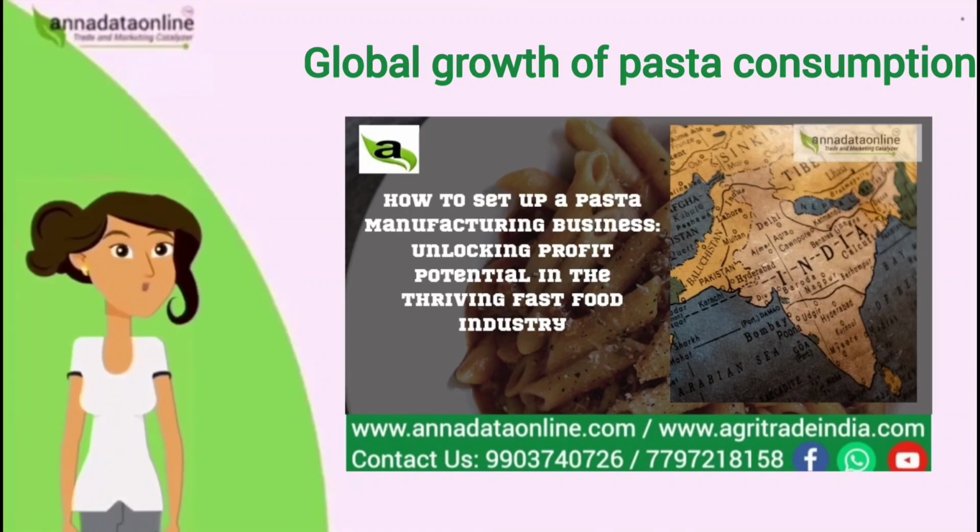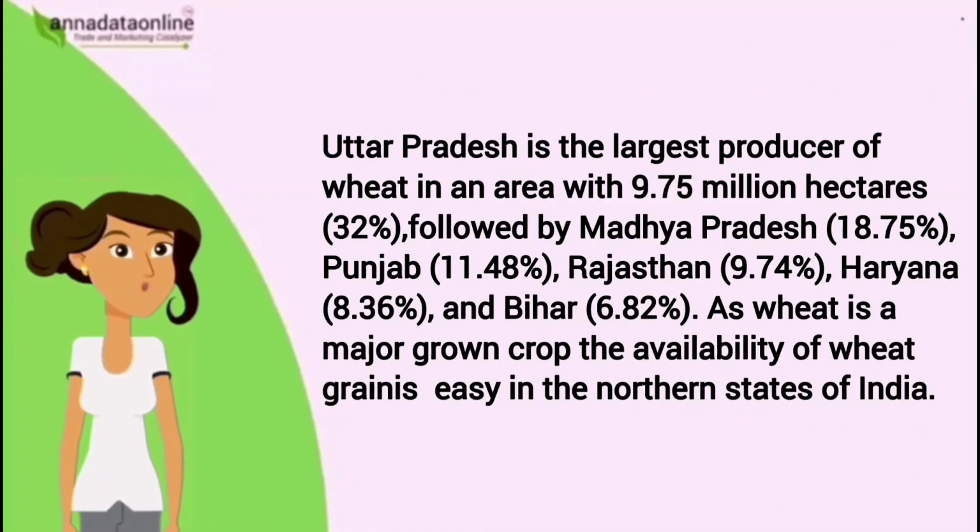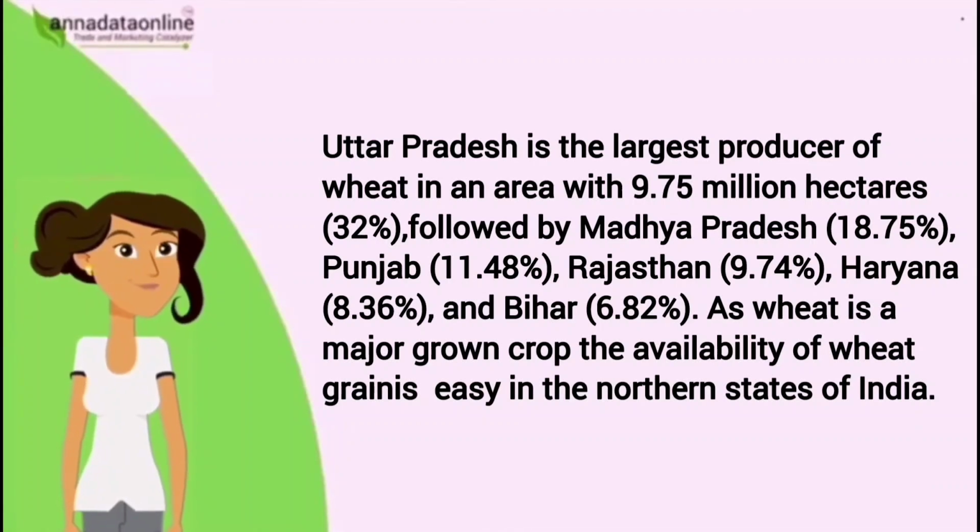This tool helps you to find out custom duty, export duty that one has to pay while exporting pasta from India. Raw material availability. Uttar Pradesh is the largest producer of wheat in an area with 9.75 million hectares, 32%, followed by Madhya Pradesh, 18.75%, Punjab, 11.48%, Rajasthan, 9.74%, Haryana, 8.36%, and Bihar, 6.82%.